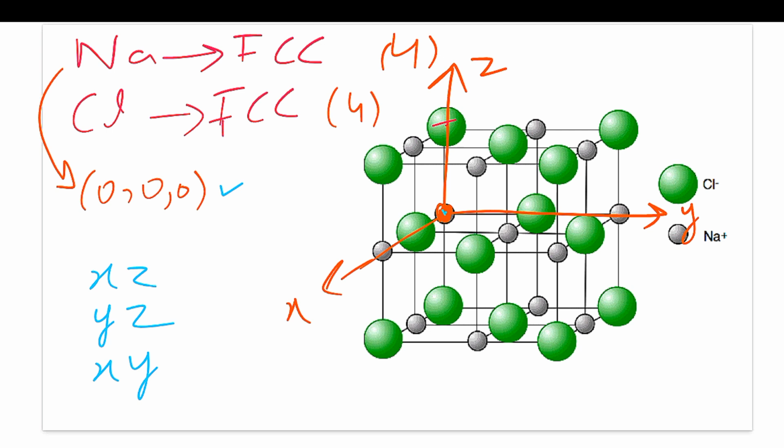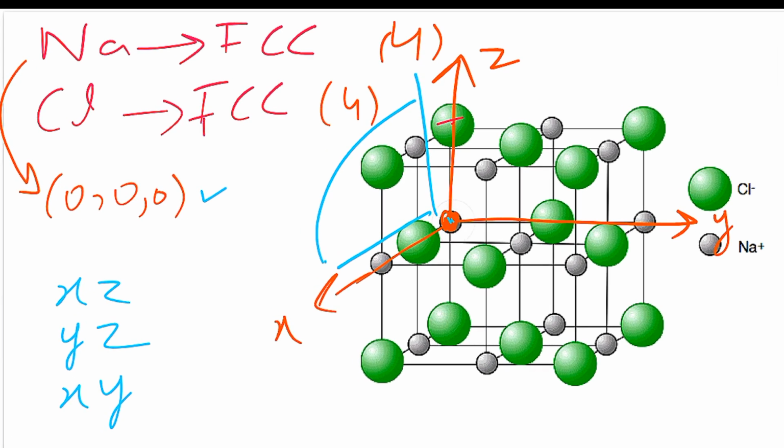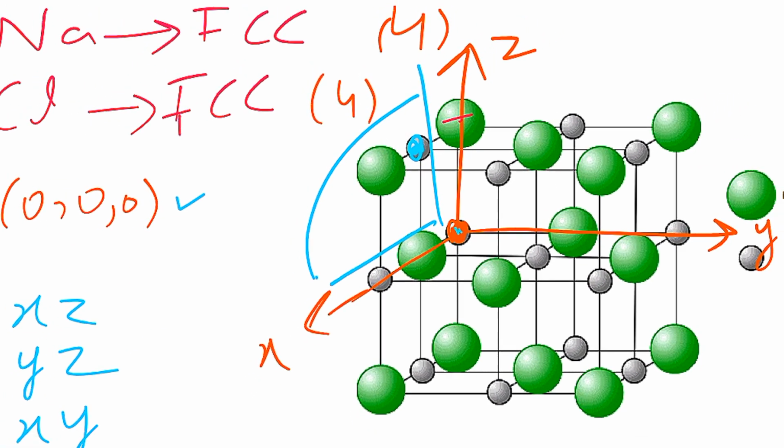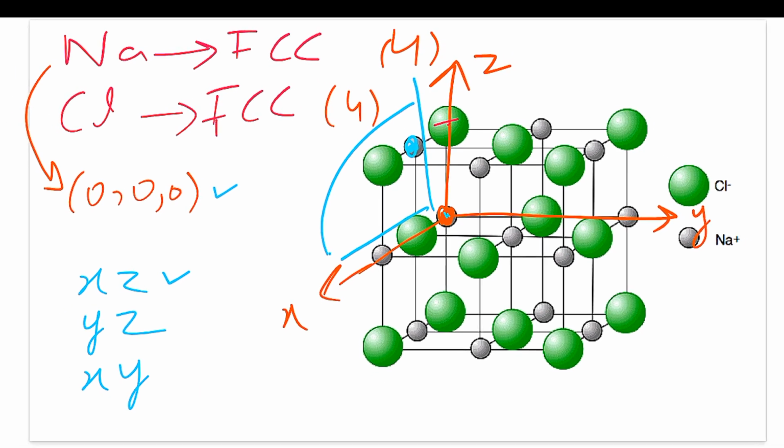Let's see what it means. If I talk about the xz plane, it means the side which is across this z and x. This is the side where it's x and z. This is the sodium, and the other sodium atom that is nearest to it is this sodium atom. So this is the sodium atom on the xz plane.